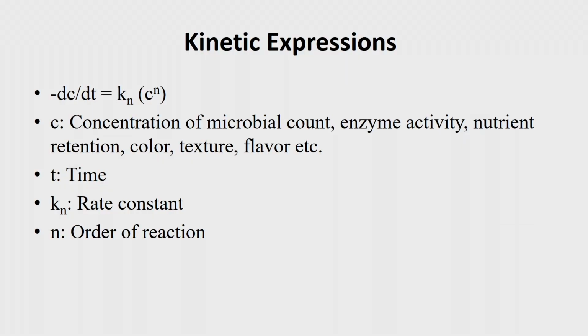Normally in any reaction, for example, if A gives B, A is nothing but a reactant and B is nothing but a product. So how do I represent the concentration of the reacting species with respect to time?